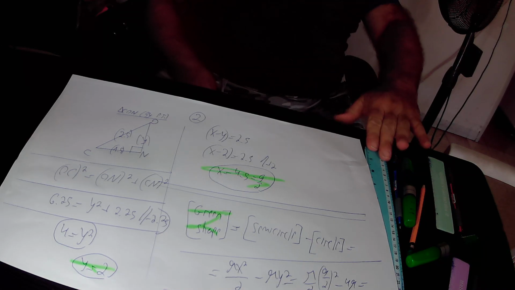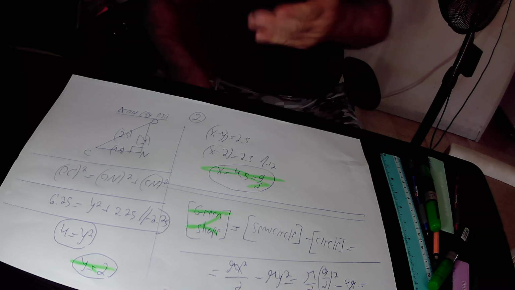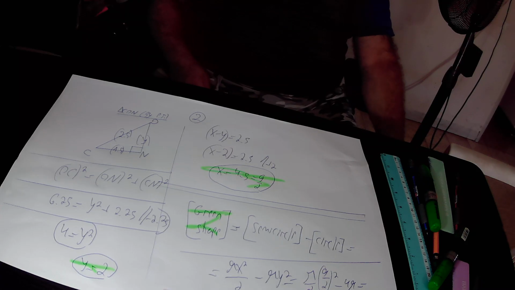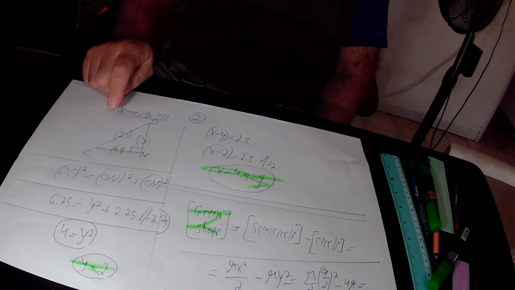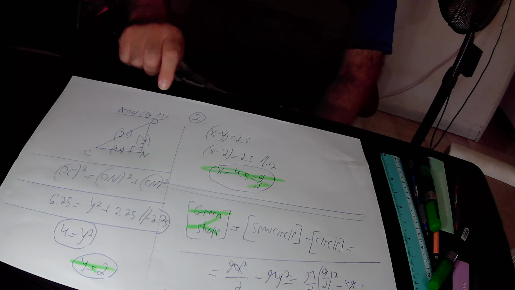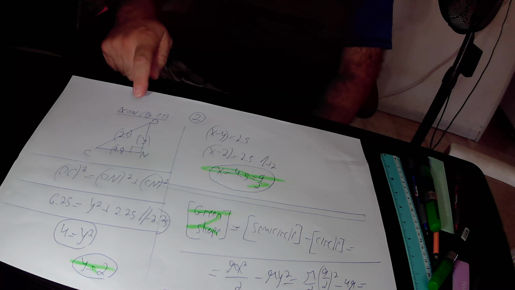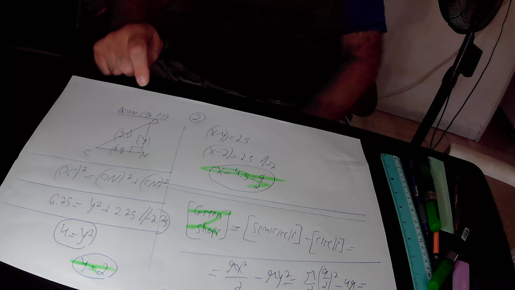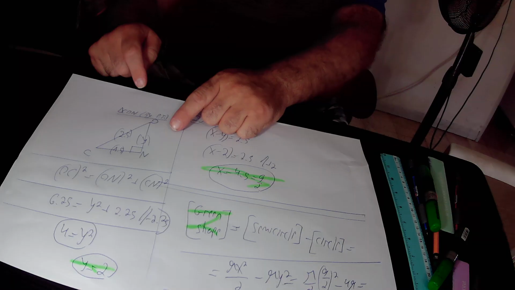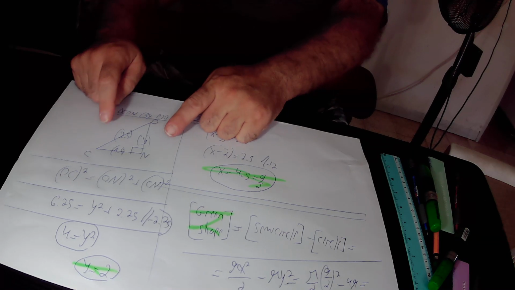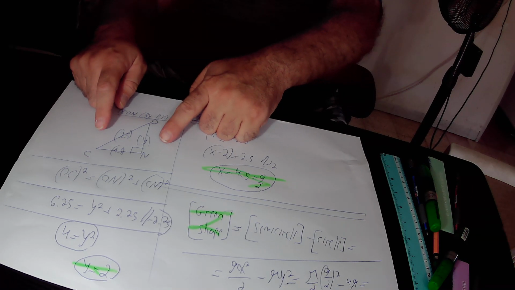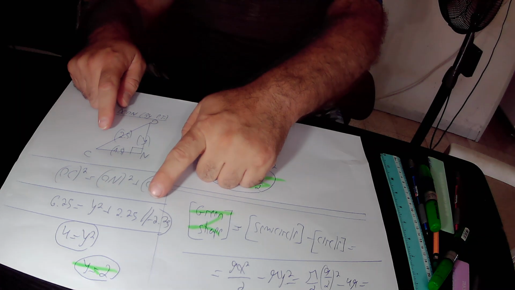In this right triangle OCN, OC squared must be equal to ON squared plus NC squared. OC is 2.5, therefore OC squared is 6.25, and it is equal to ON squared, that is y squared, plus CN squared. CN is 1.5, therefore CN squared is 2.25.